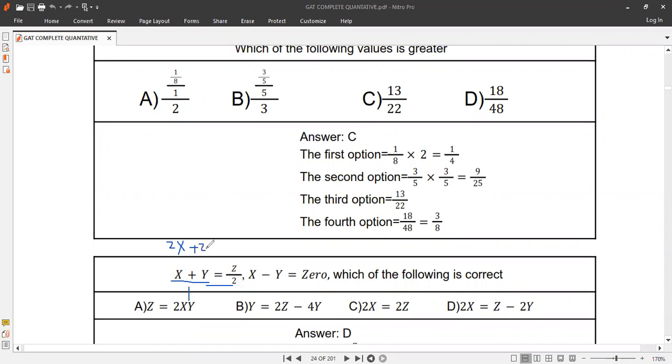Now you can keep 2x here and take this to the other side, becomes minus 2y, because they want it like this. If you want to simplify it, you can find the first way that I worked on. So the answer is D.